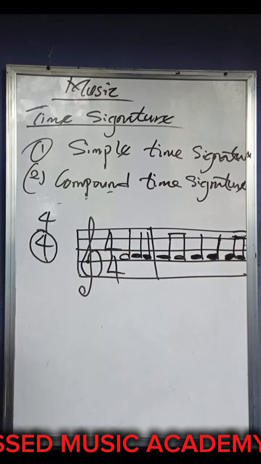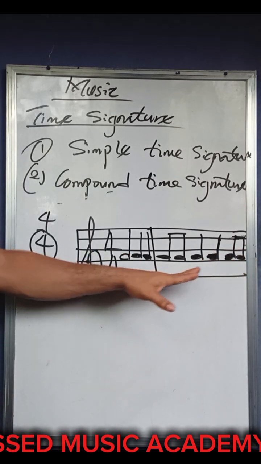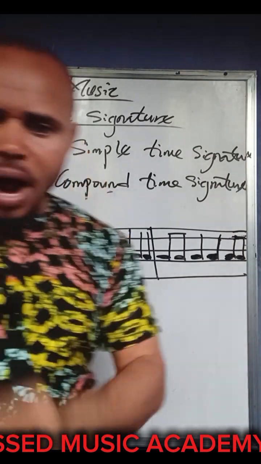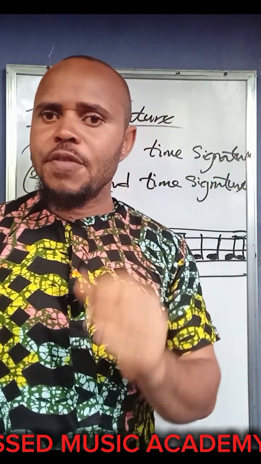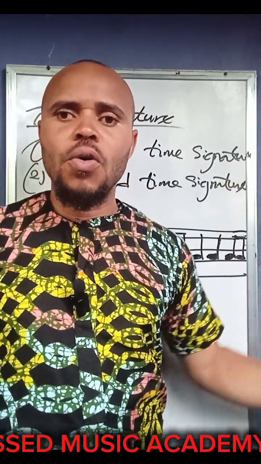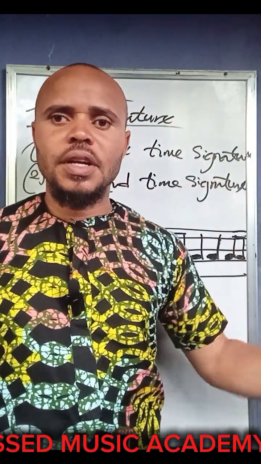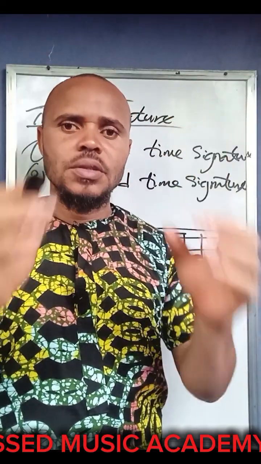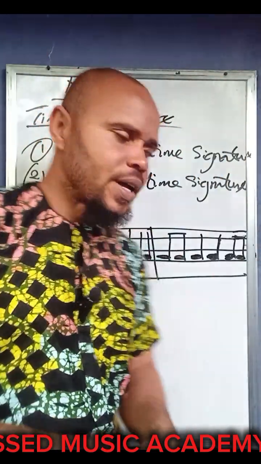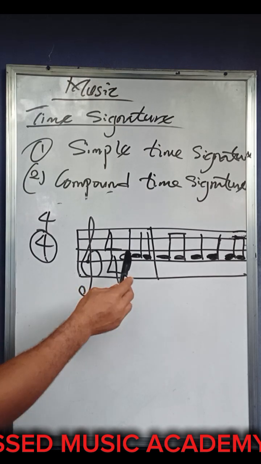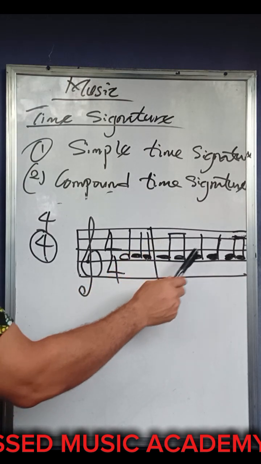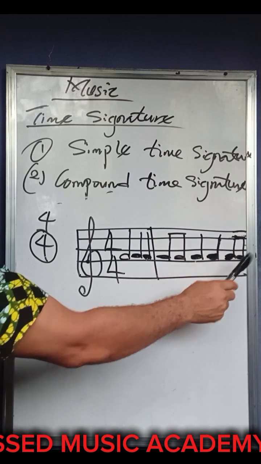This is 2 beats. Okay, so the movement of this song will be 1, 2, 3, 4. 1, 2, 3, 4. Okay, that is the movement. So if you look at it here, I have pa pa pa pa pa pa pa pa pa.